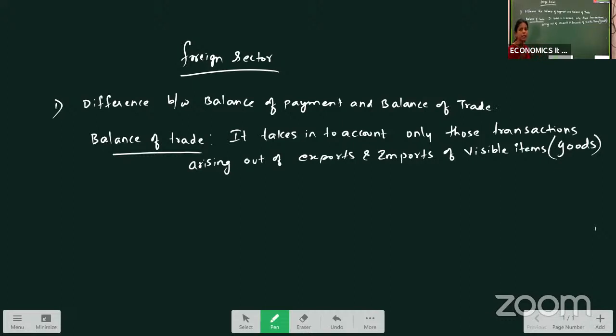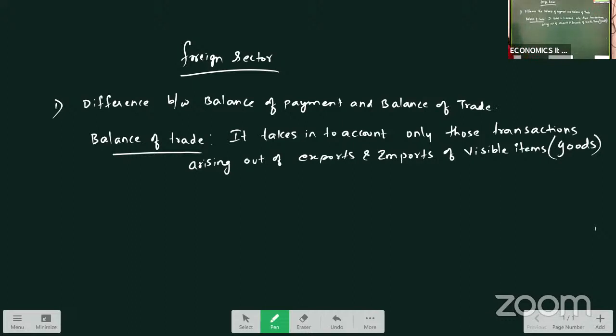Visible items means goods, because services are invisible items, no? So services are not taken into account. The transactions, how much value of services are exported and how much value of services are imported, these values are not taken into consideration when balance of trade is prepared. So what is balance of trade?